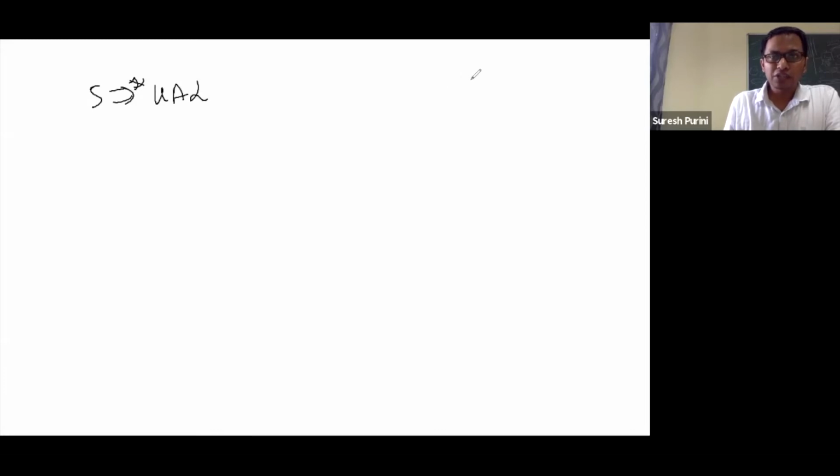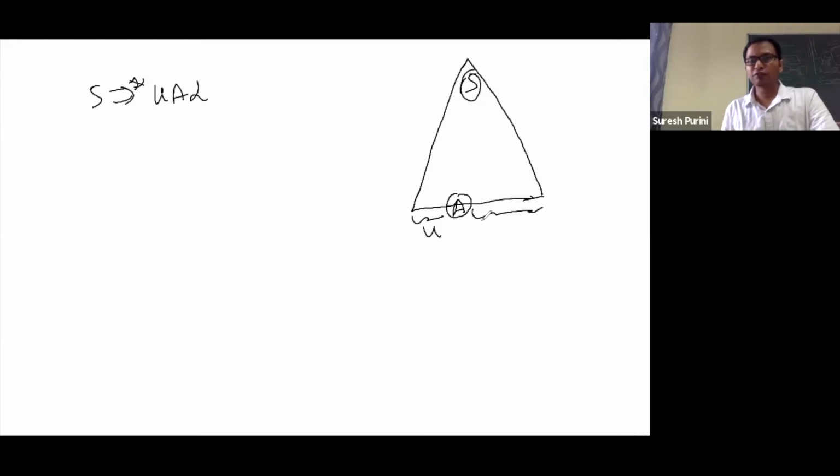In terms of the parse tree, this is the start symbol, and this is the non-terminal symbol, and this is the prefix string U. And this is the rest of the string from the intermediate sentential form, alpha. W is the input string, U is the prefix that is already generated, and the current lookahead symbol is a.